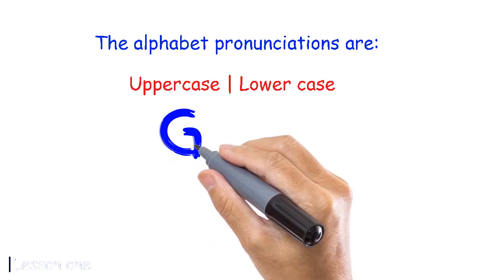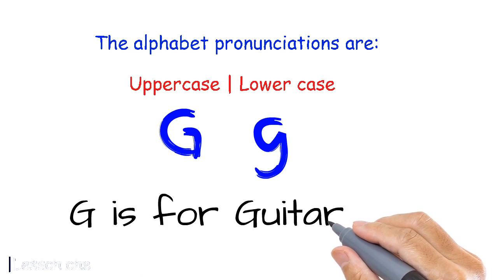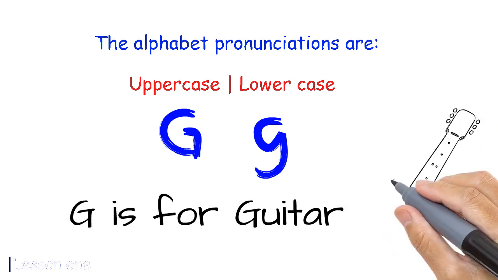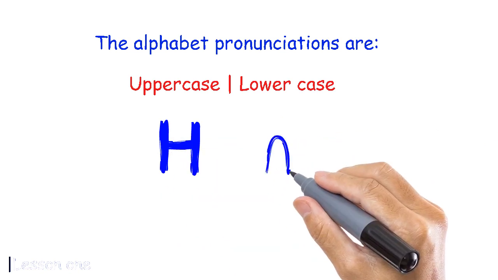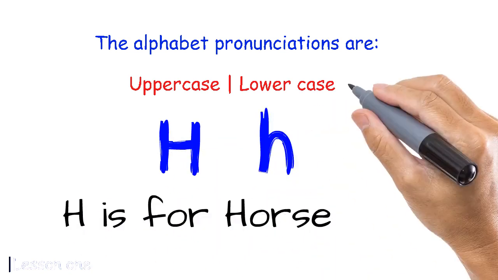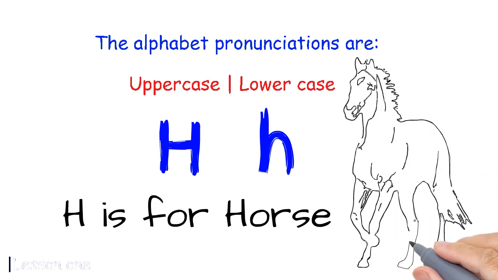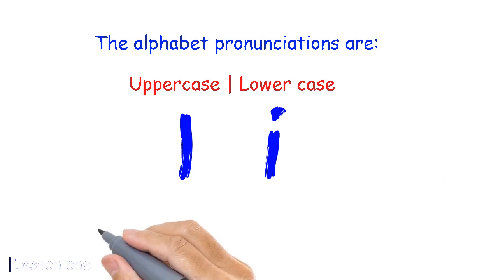G is for guitar. H is for horse. I is for igloo.